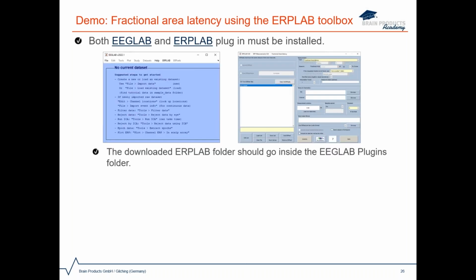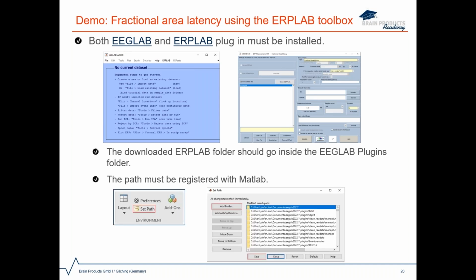To make this possible, EEG-Lab and ERP-Lab must be installed on the computer, and the path must be registered with Matlab, so that you will be able to directly open EEG-Lab when you start Matlab. You can find more installation instructions on their respective websites. After everything is set, we are ready to switch to Analyzer for the demonstration.